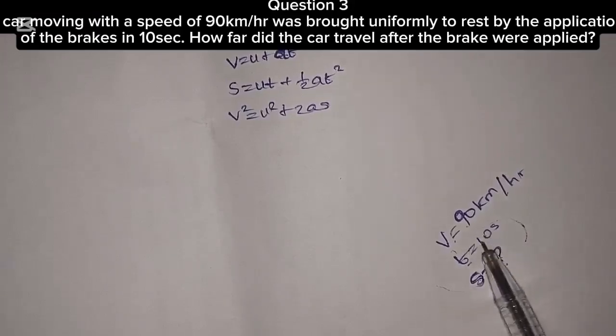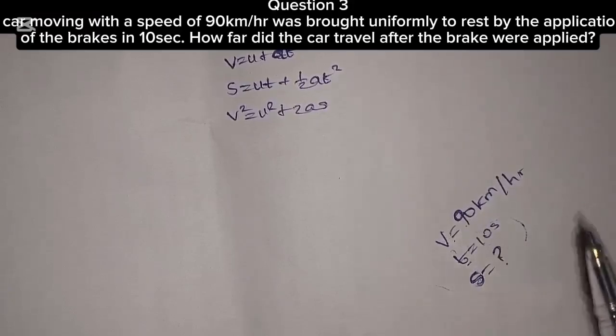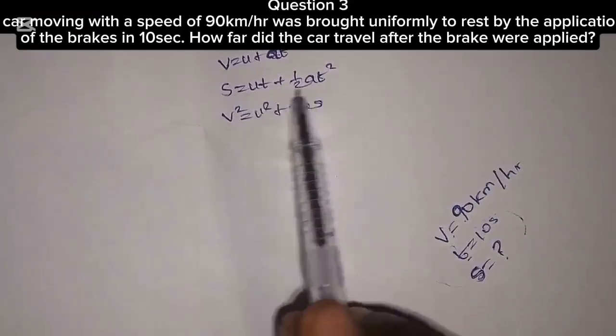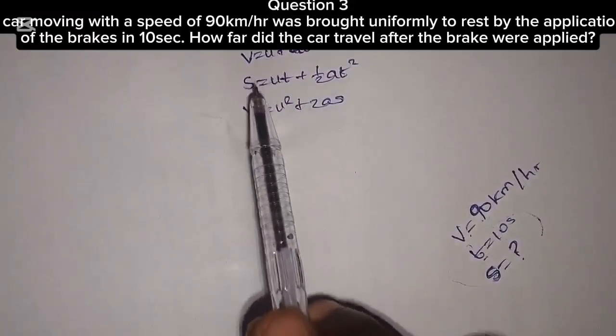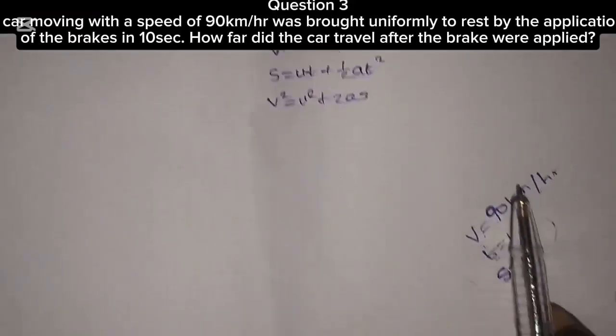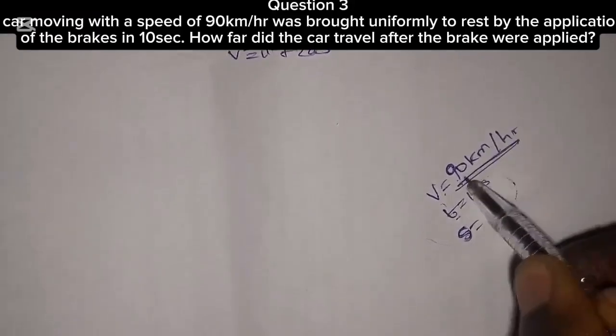So we make use of these 2 parameters, velocity and time, to look for the acceleration first. Once we get acceleration, we can use the second equation to look for displacement.